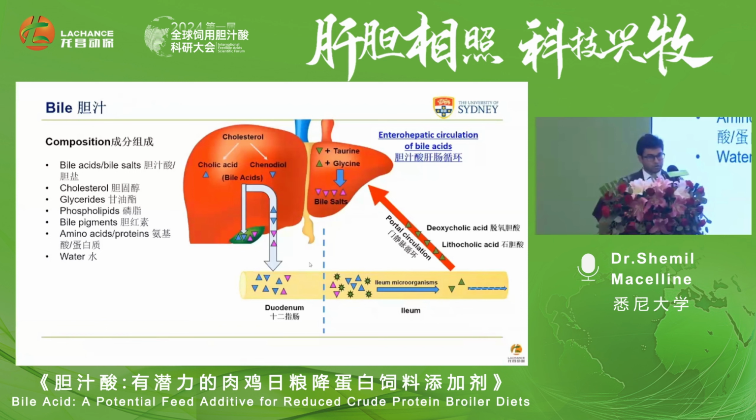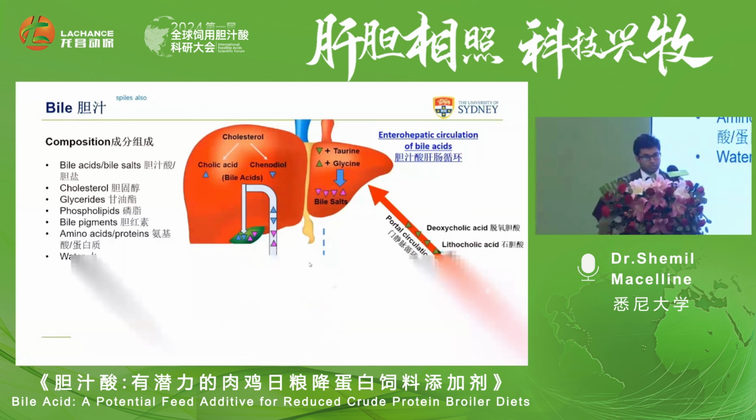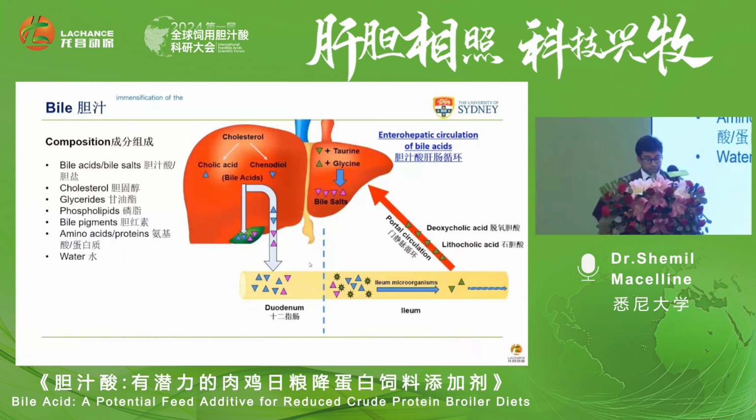These bile salts are very important for emulsification of fat globules, because they contain hydrophobic and water-loving parts, the water-dislike and water-loving parts, which are important to break down the fat globules into small micelles.